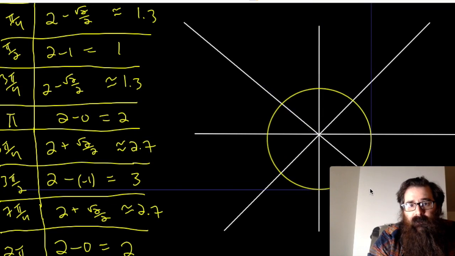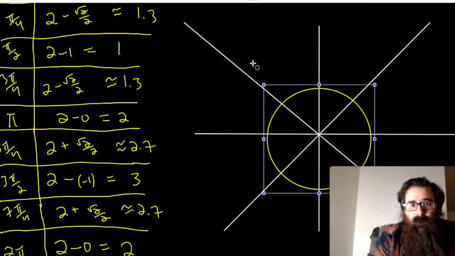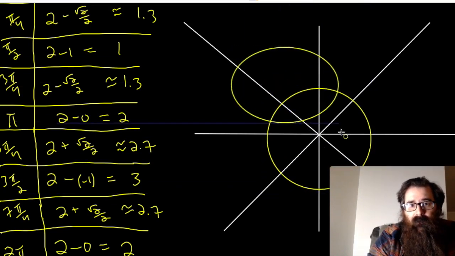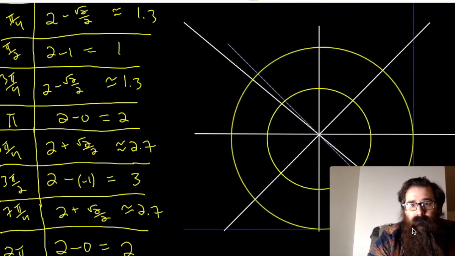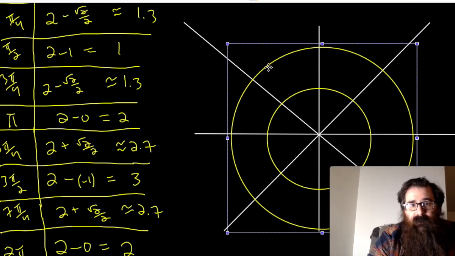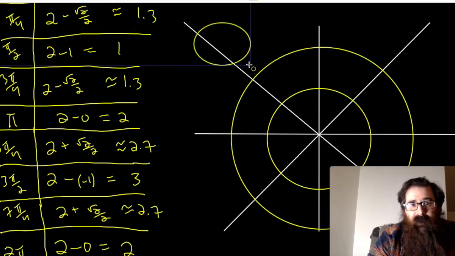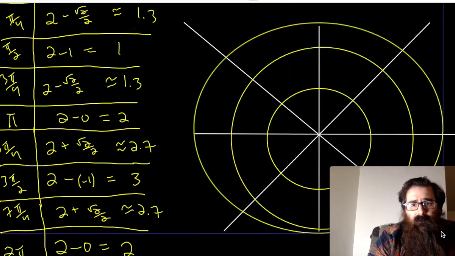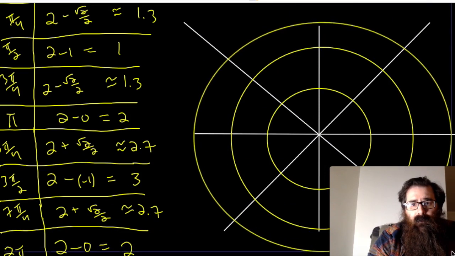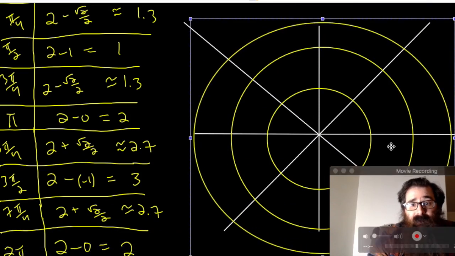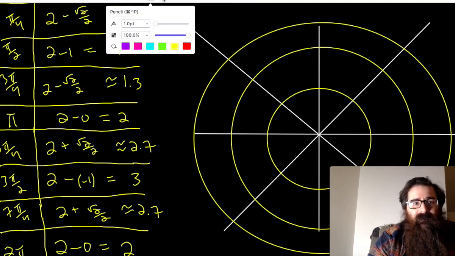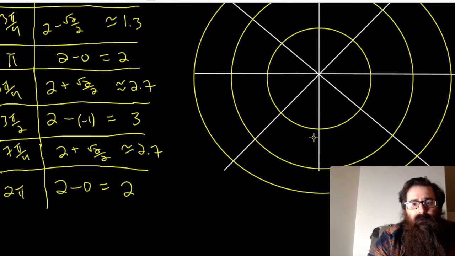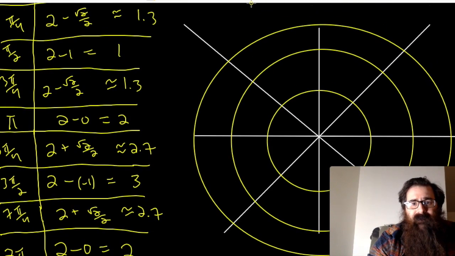So that'll be a circle of radius 1, and then I want a circle outside of that. And this will be my circle of radius 2, and then a circle outside of that. And this will be my circle of radius 3. Trying to get it as best as I can.